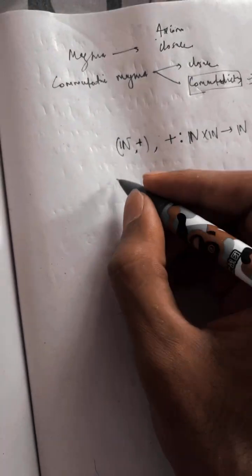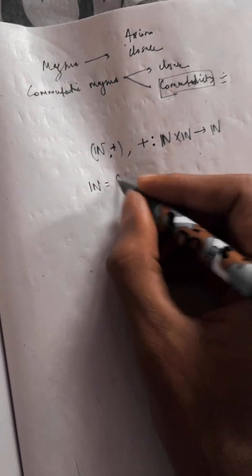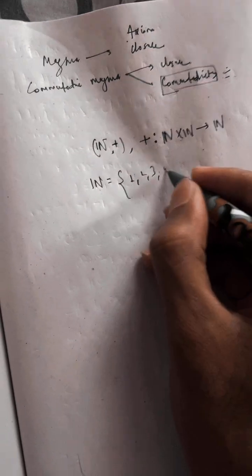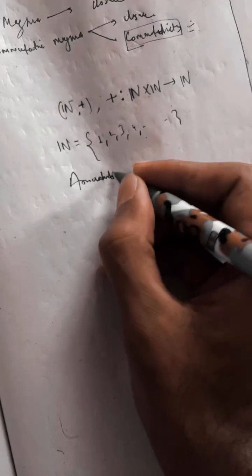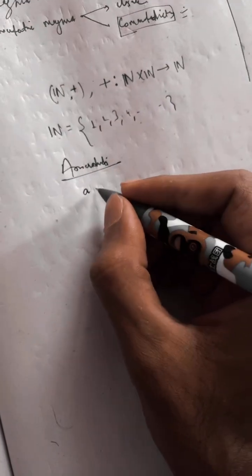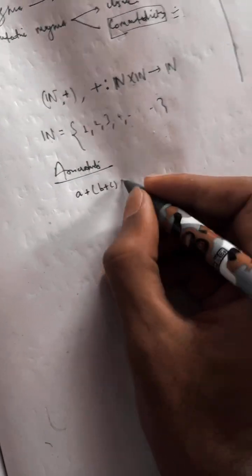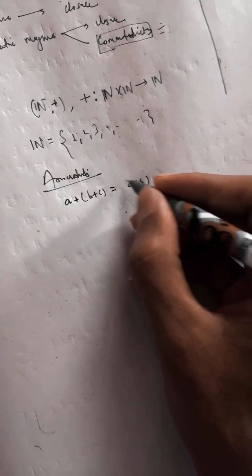So how do we check? Well, we know the natural numbers are a set of numbers up to infinity, and it goes on and on. Now, what is associativity? The definition says (A + B) + C must be equal to A + (B + C). If they are equal, then it is associative.